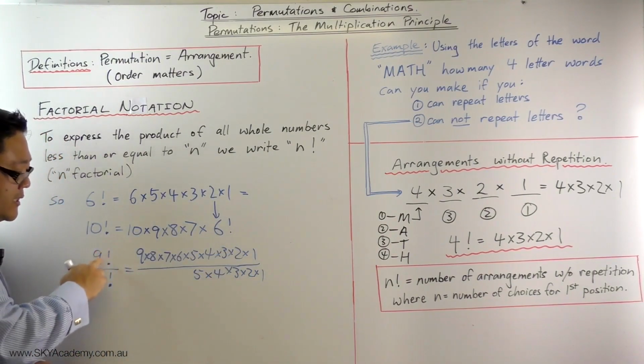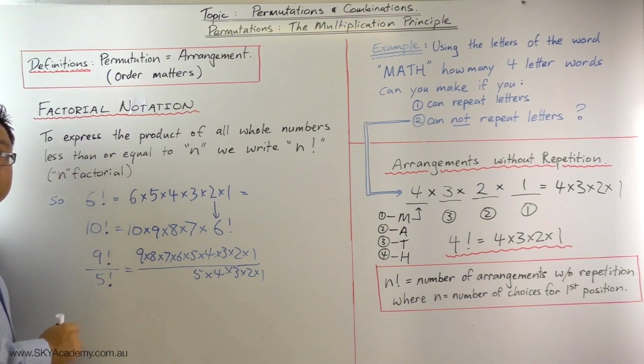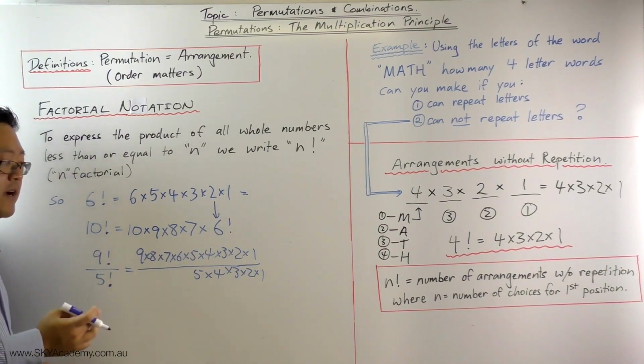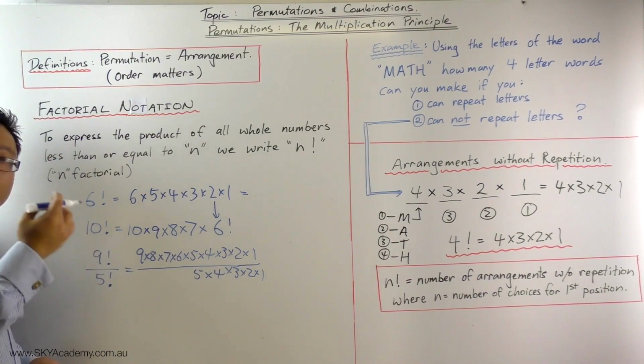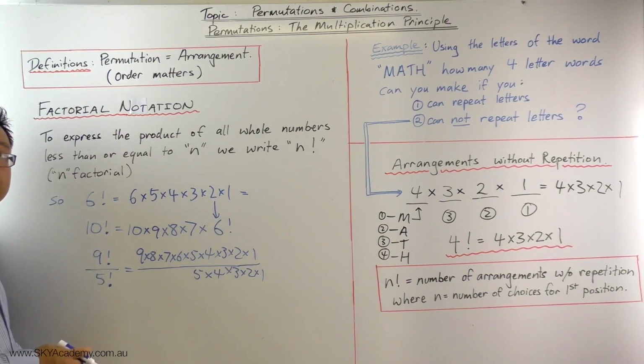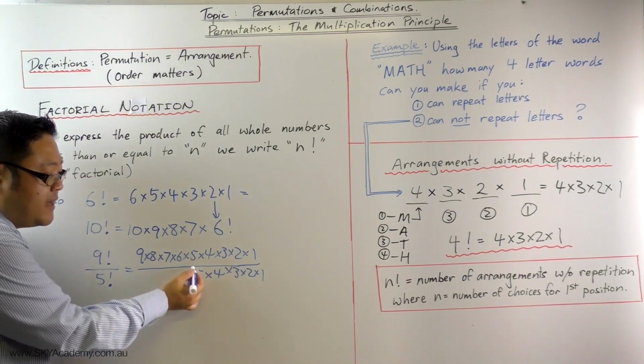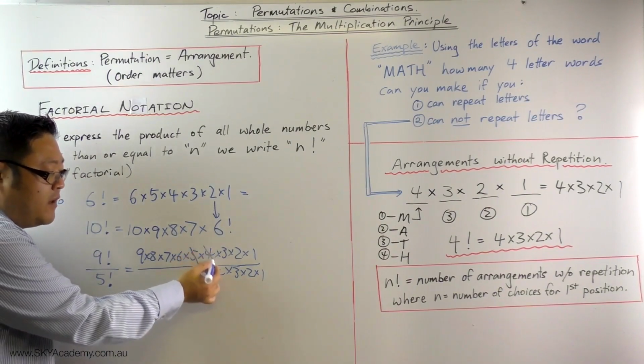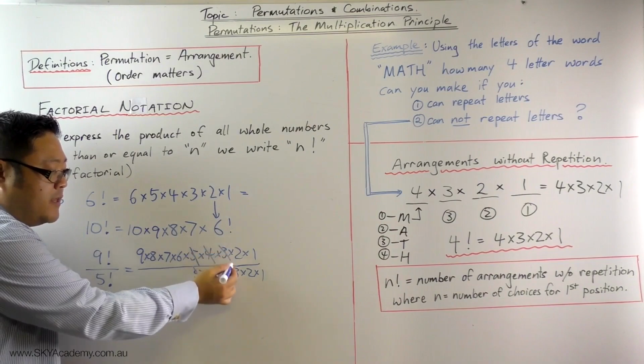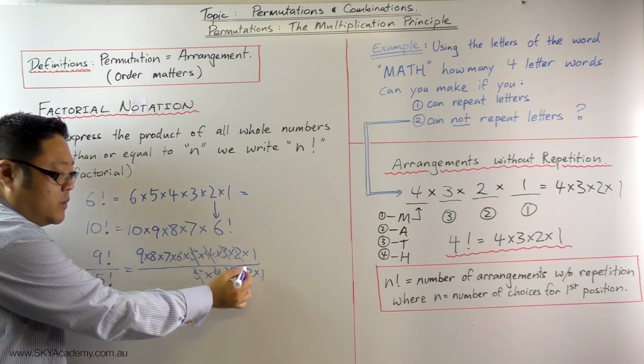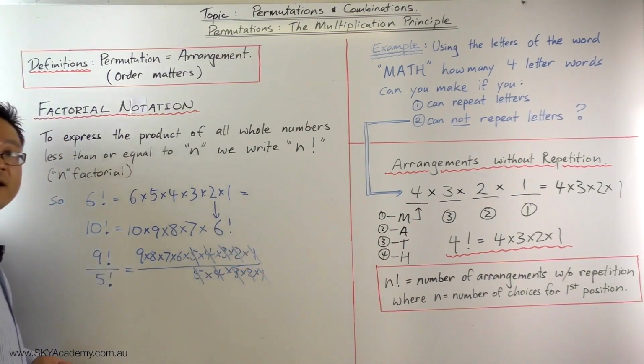What I want you to notice is that 9 factorial over 5 factorial actually simplifies, right? Because if you remember fractions, right, and simplifying fractions, you'll see that 5 cancels with this 5, this 4 cancels with this 4, this 3 cancels with this 3, 2 with 2, and 1 with 1. Do you see how that works?